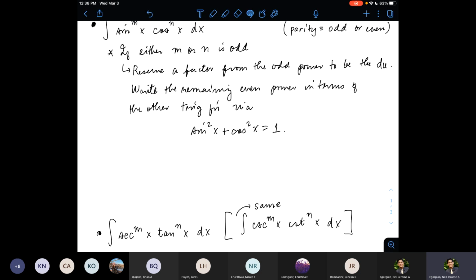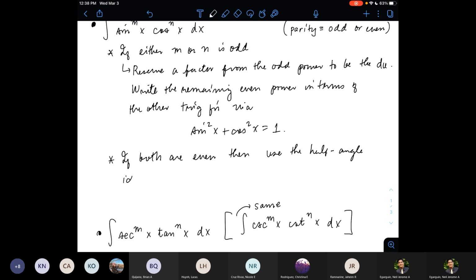Okay. Now, if both of them are even, and that's our other case, then use the half angle identities.